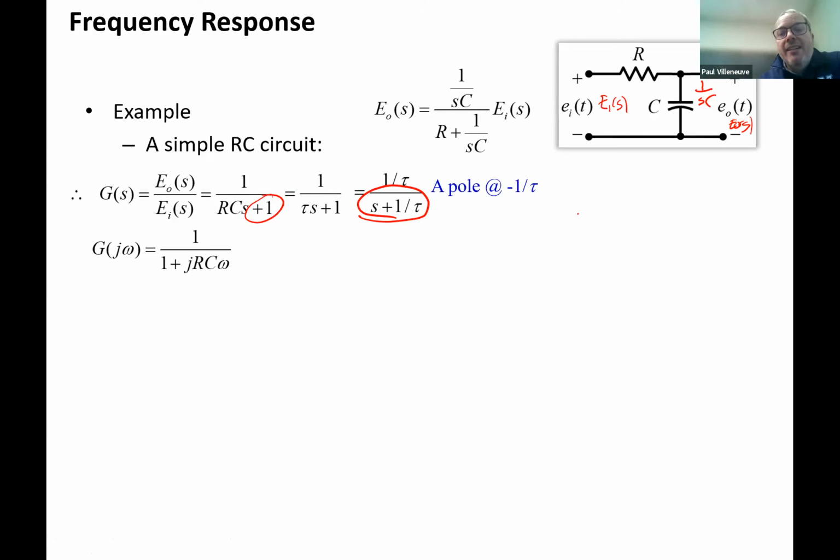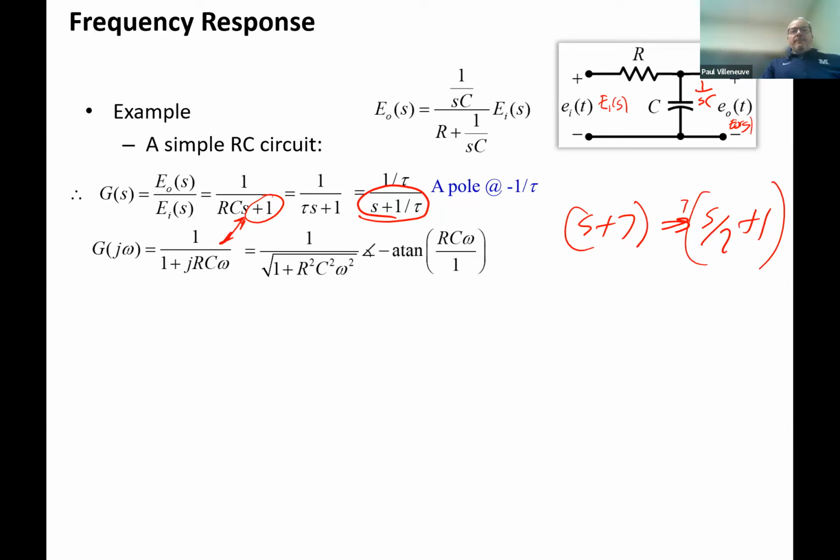So if you had, let's say, S plus 7, you would rewrite that as S over 7 plus 1, and factor out the 7. You always want it to be a plus 1. This is a big difference in the way that we've analyzed things before. We just want to make sure that we understand that approach. So now let's do the math.